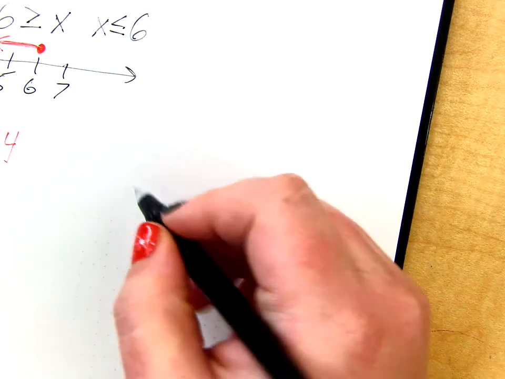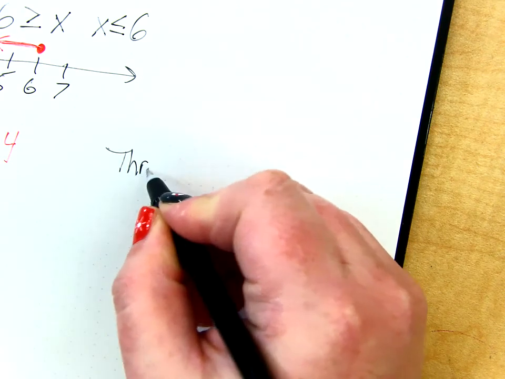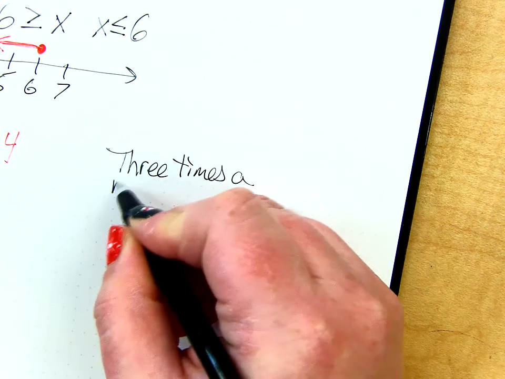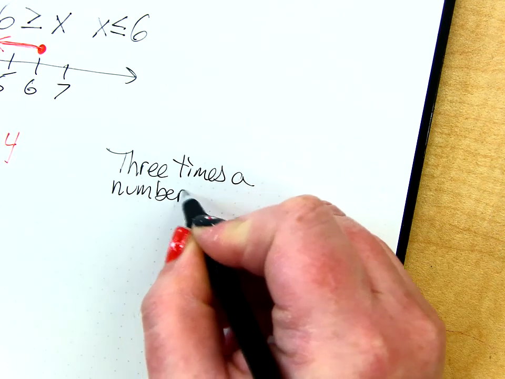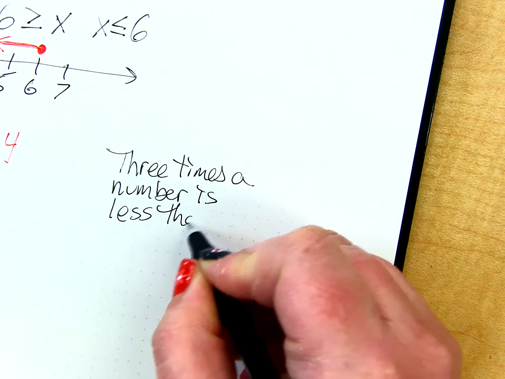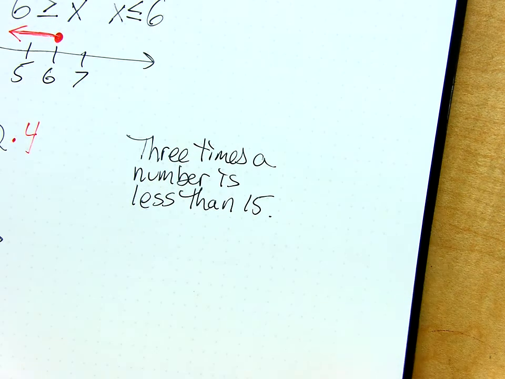Okay. Let's try this. How about 3 times a number is less than 15.